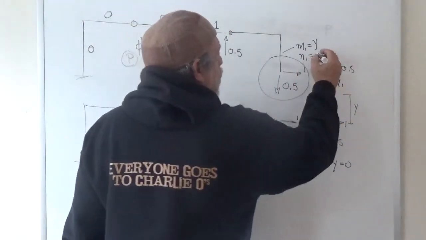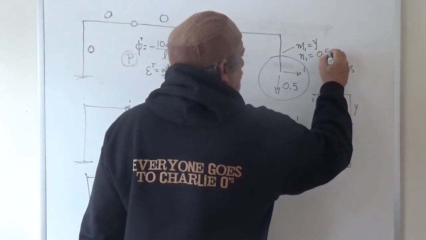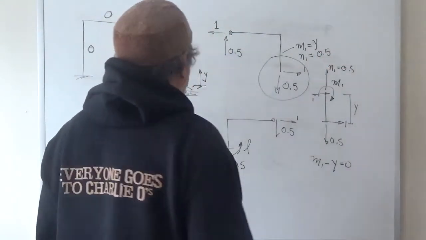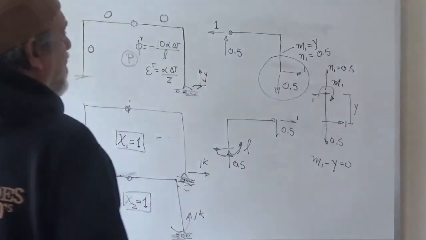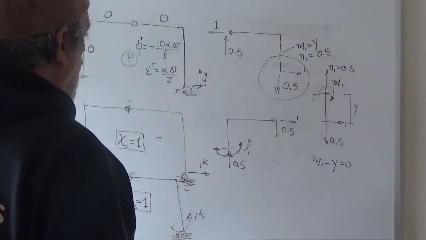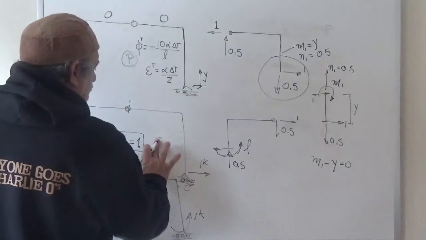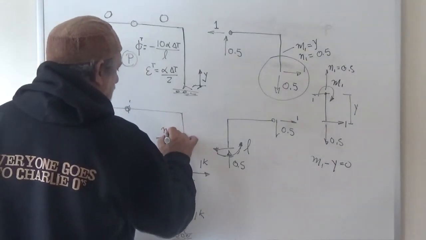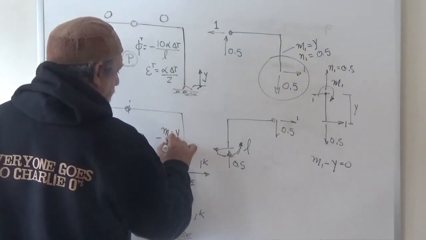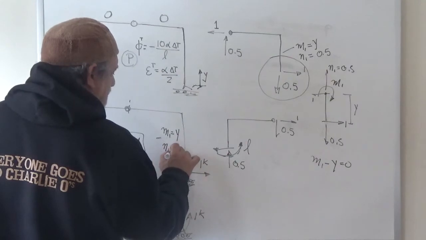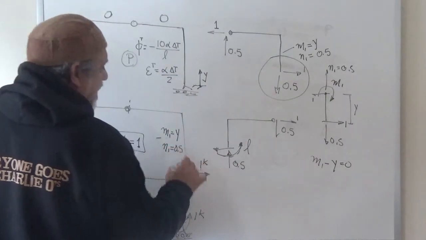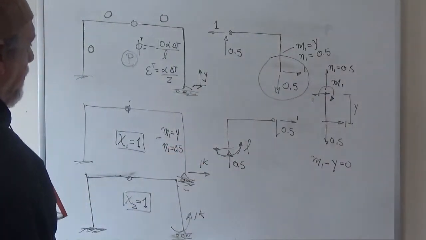Is tension, and we agreed to call tension positive so we don't have to keep looking back. And so we have that over that bar, the moment is Y, and the axial force is 0.5 on this sketch. So we'll come here and we'll say, here the moment is Y, and the axial force is 0.5, right?